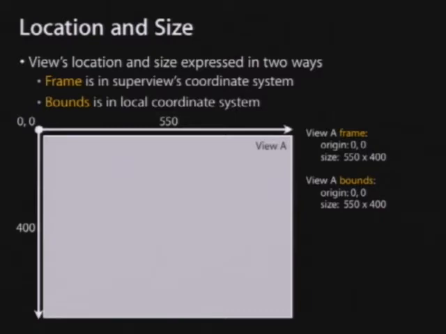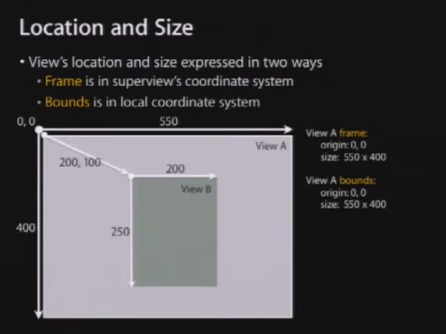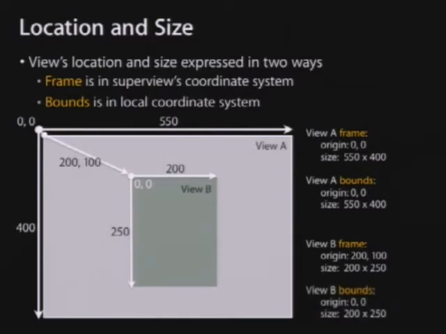Okay, so frame and bounds makes a little more sense here. View B has a frame that's offset by 200 to the right, 100 down, and a width and height of 200 and 250. But it has a bounds of 0, 0 with respect to itself.